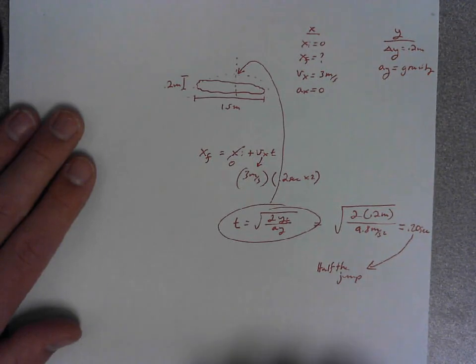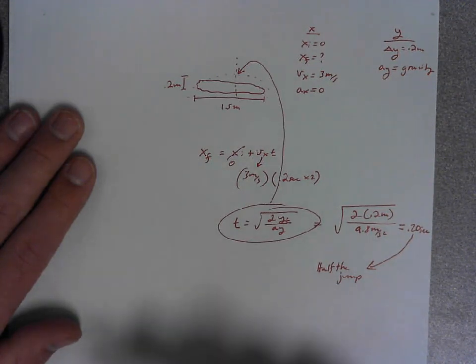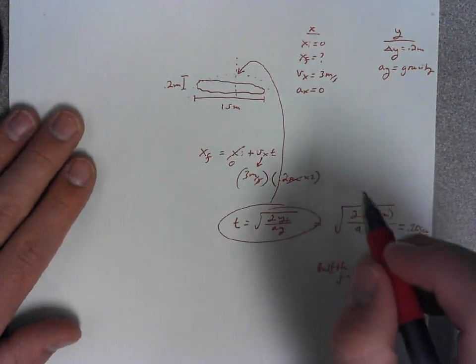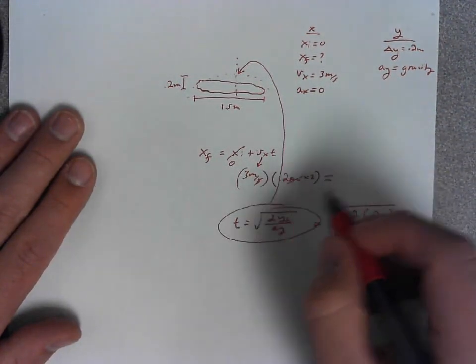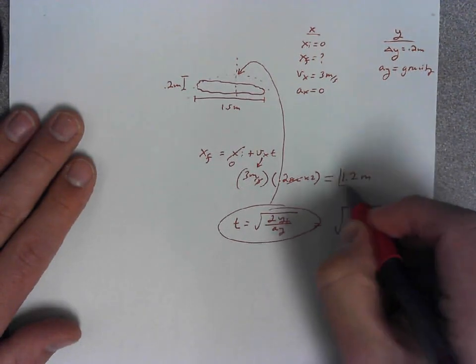It doesn't work if the landing spot is lower or higher from where he started. Okay, but seconds cancel here with meters per second, leaving me with just meters. Plug all that in, you get 1.2 meters.